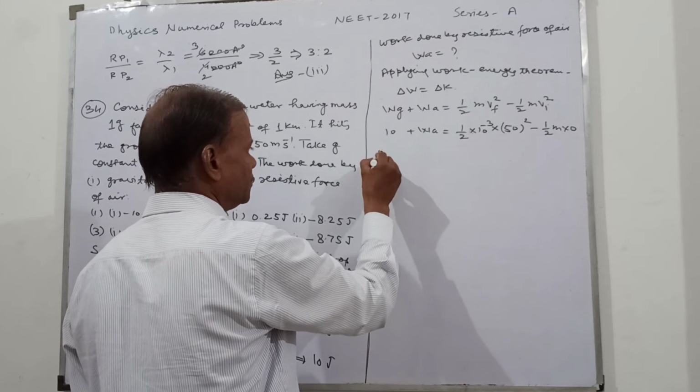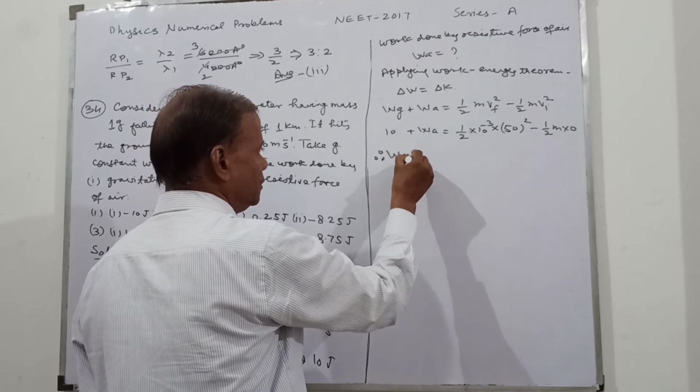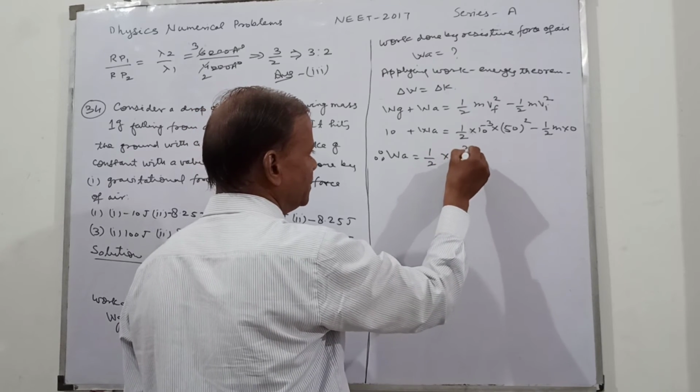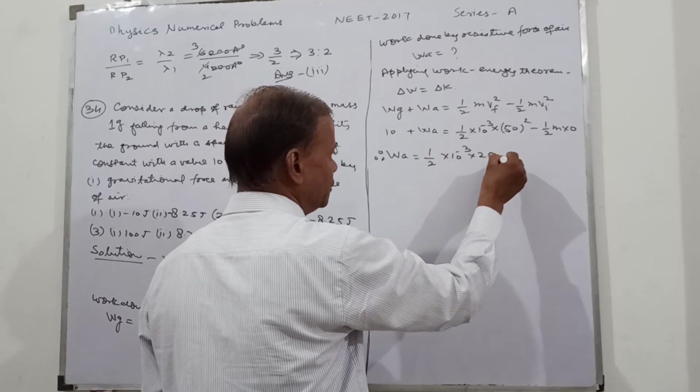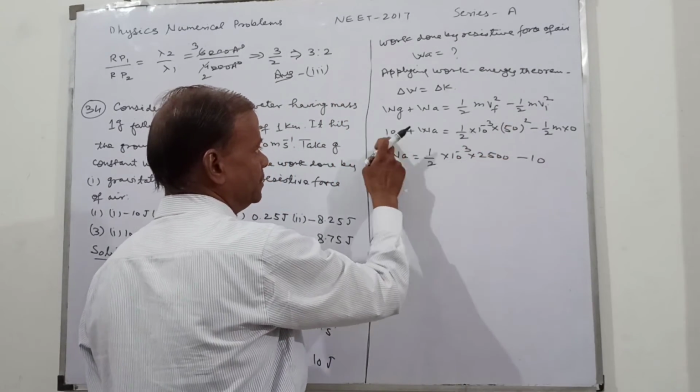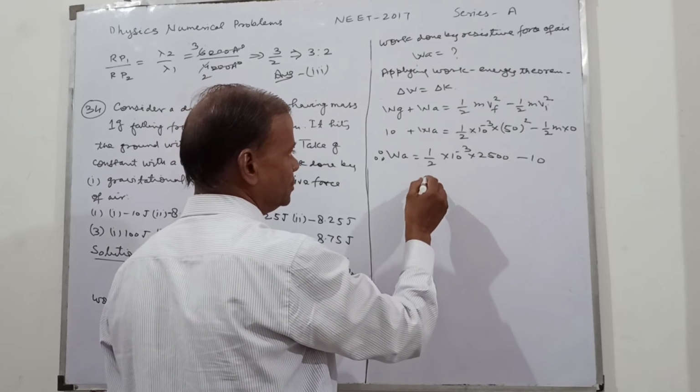So therefore, W equals 1 by 2 into 10 raised to the power minus 3 into 2500 minus 10. This is not 2500; minus 10 is on this side.